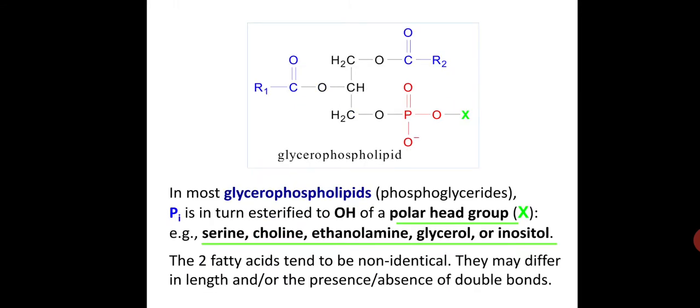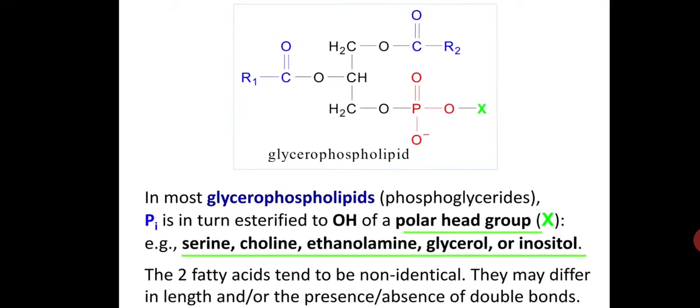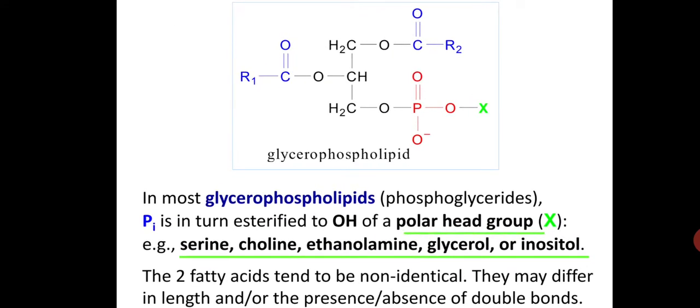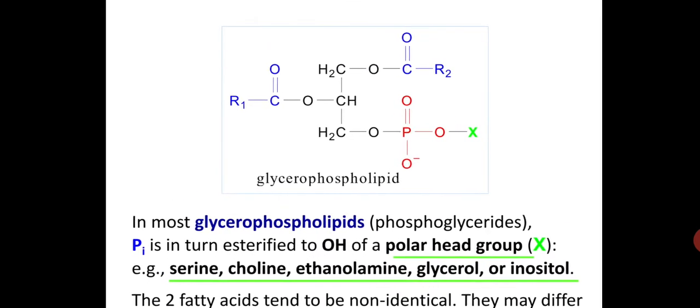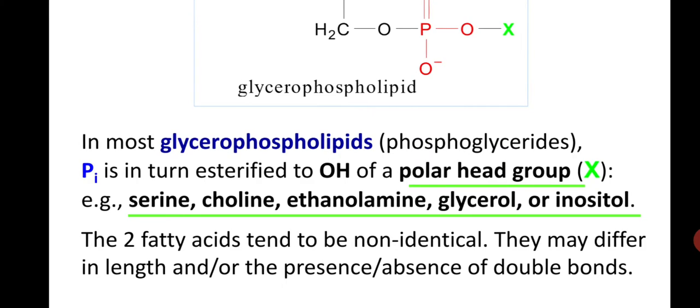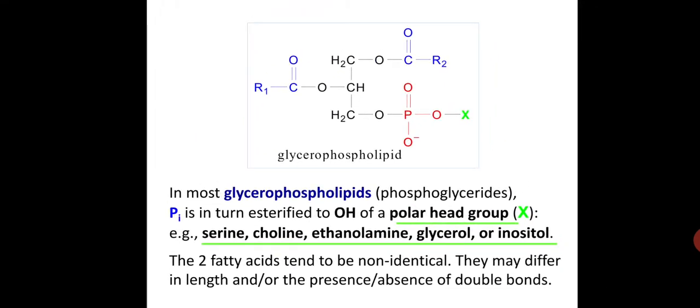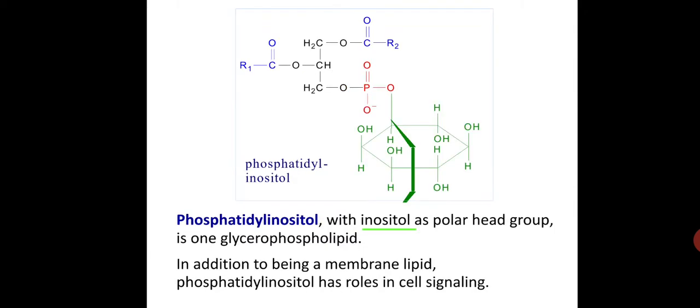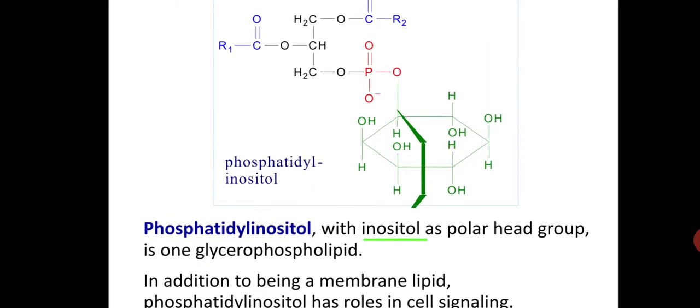Pi represents inorganic phosphate. In a glycerophospholipid, in place of that alcohol you have an X. X is represented by serine, choline, ethanolamine, glycerol, or inositol. I didn't tell you about inositol yesterday, but I told you it is represented by choline, serine, ethanolamine, etc. Inositol is nothing special.